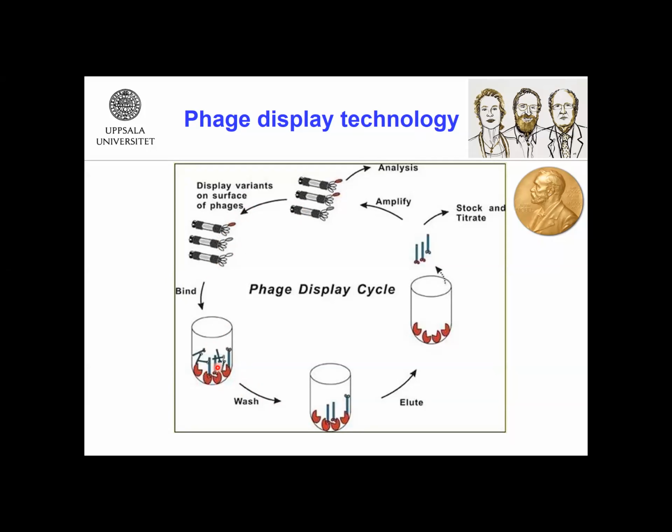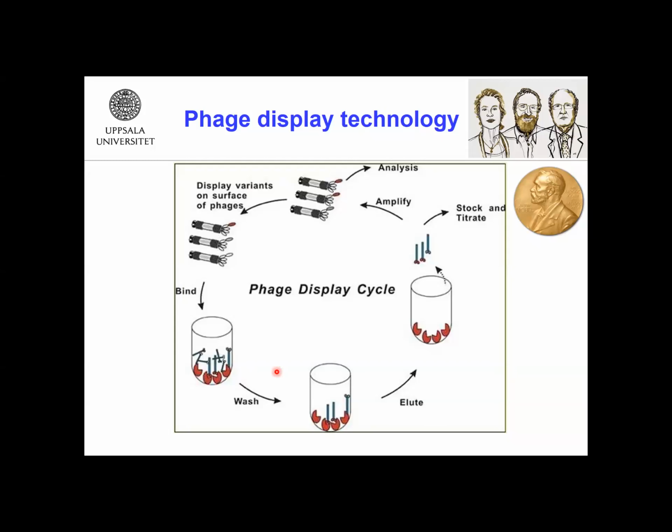So after exposure, you let your binder bind to the molecular target on the beads, wash away what is not bound, so you will have an enriched smaller library which is capable to bind to the molecular target. Then you elute them, and then you just amplify in E. coli or whatever host you have for this phage. You create a much bigger library, and you repeat the cycle in this way.